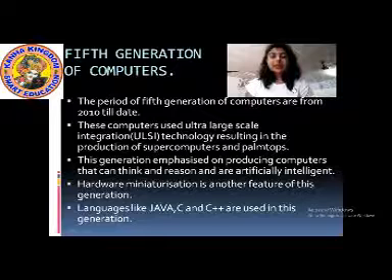And in fifth generation of computer, emphasis is laid on producing computers that can think and reason, which means that they are artificially intelligent. Today, the computers that we use, you just type a program, and all the programs are performed within the computer.